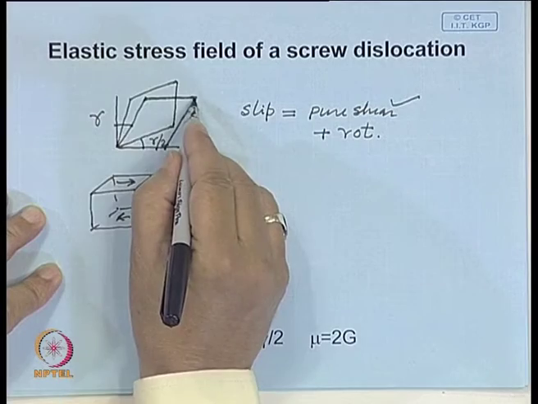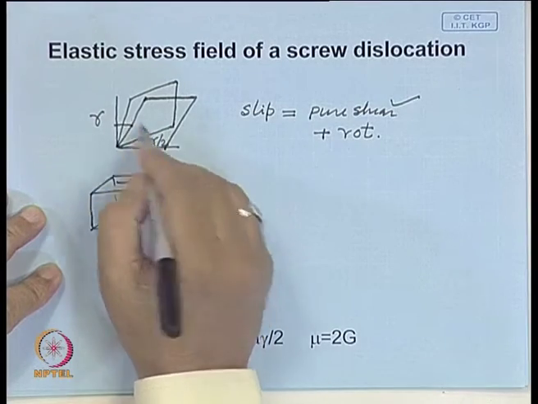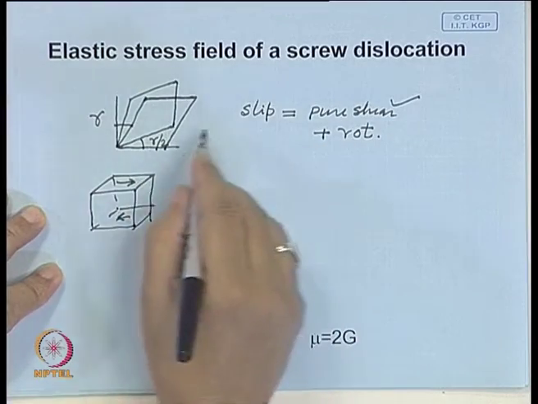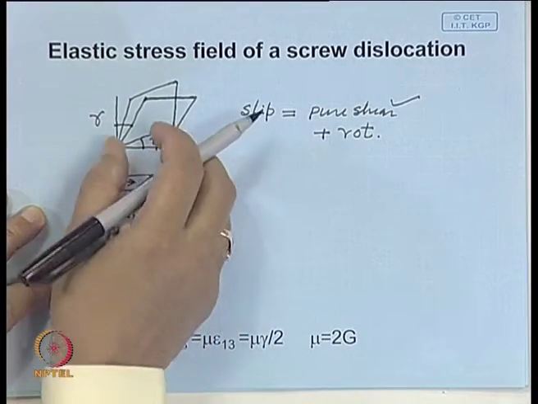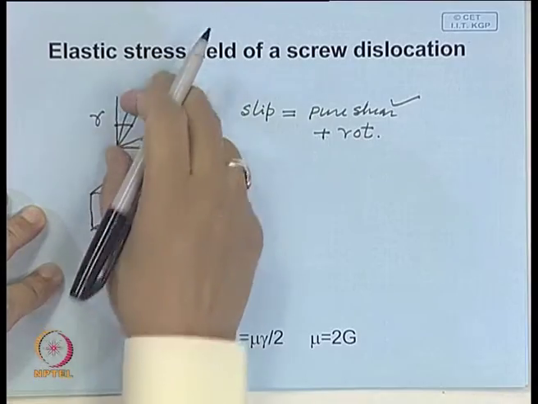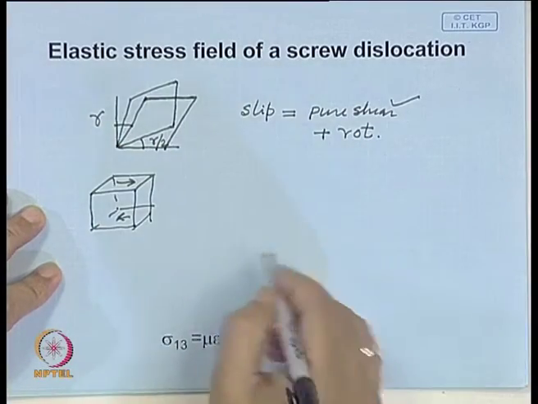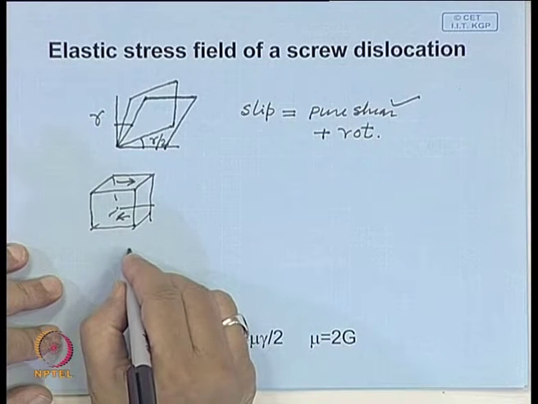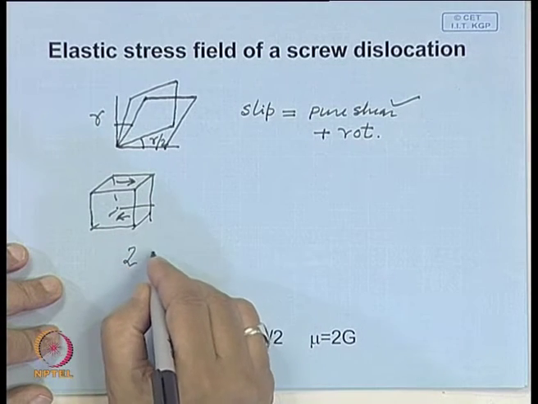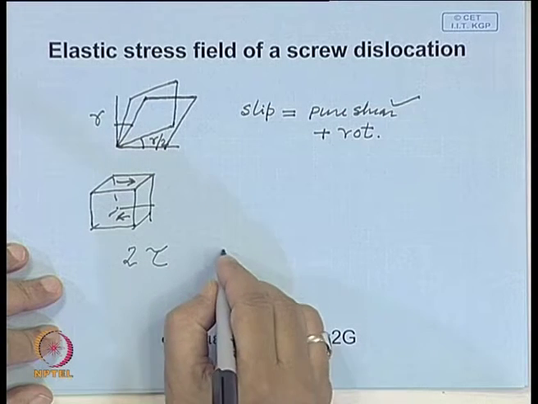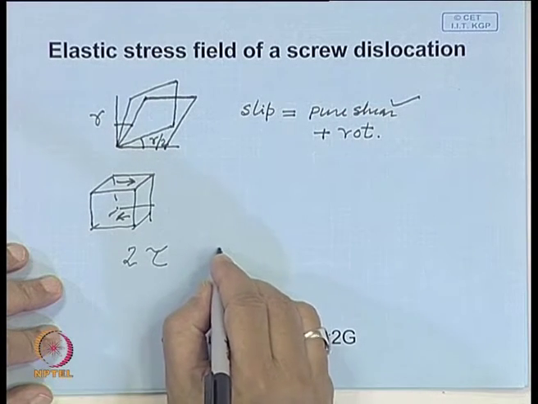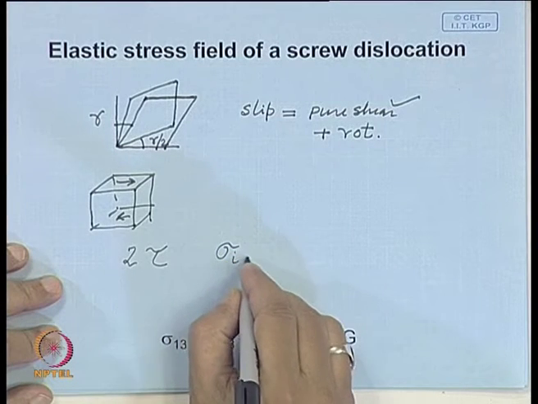That means, here the shape has changed from, let us say, a square to a parallelogram, and a part of the shear stress is used in rotating the crystal. So, that is why, in these 2 kinds of representation, you can take the shear stress as twice tau, which is equal to our shear stress, sigma.